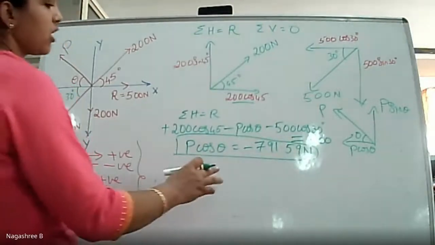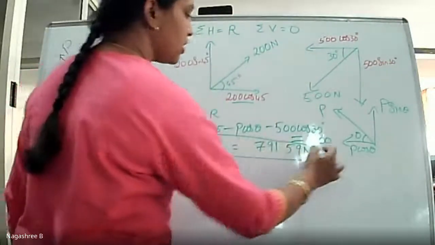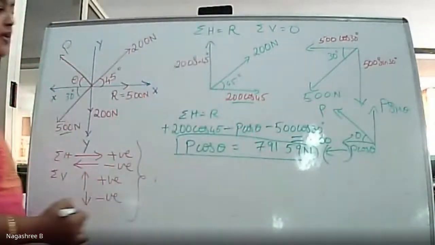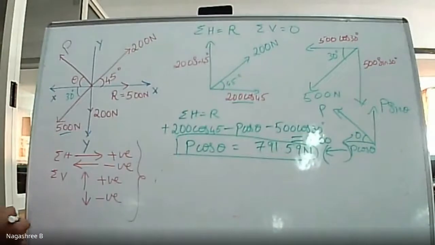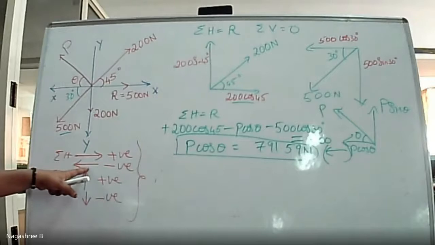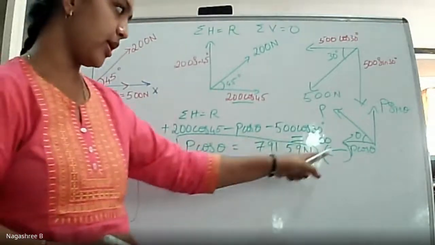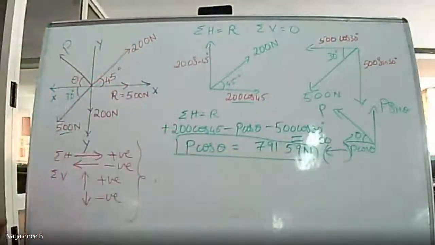Or else you can also show this in the sign, that is, in the left side direction. Since it is negative, you can just show the direction, as we know that left side indicates the negative convention. So 791.59 in the left side direction.